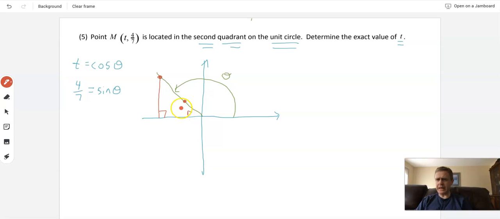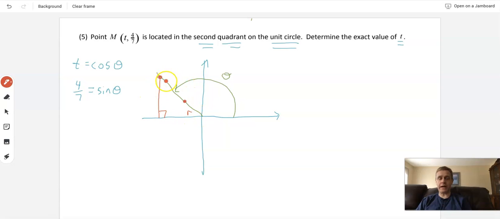And as I did in all the problems that I showed in the video and in my solution key, I'm going to start labeling the sides of this right triangle. I'm going to do so by using the fact that we know that sine of angle theta is equal to 4/7. And in a right triangle, we know that the sine of an angle can be obtained by looking at the opposite side over the hypotenuse.